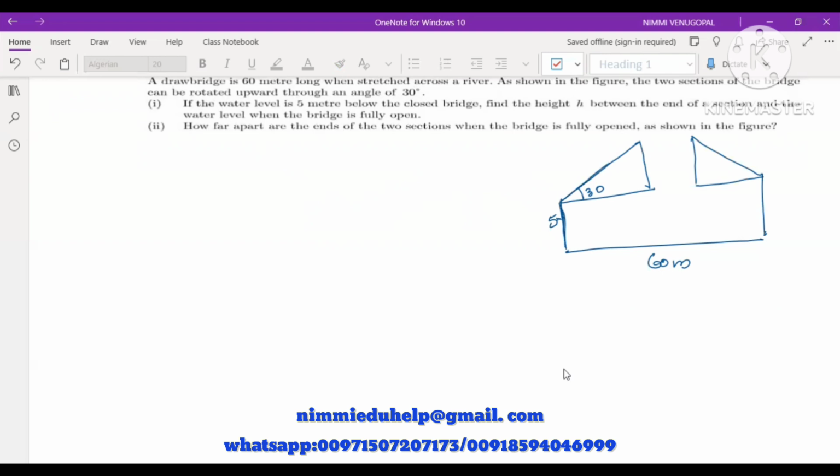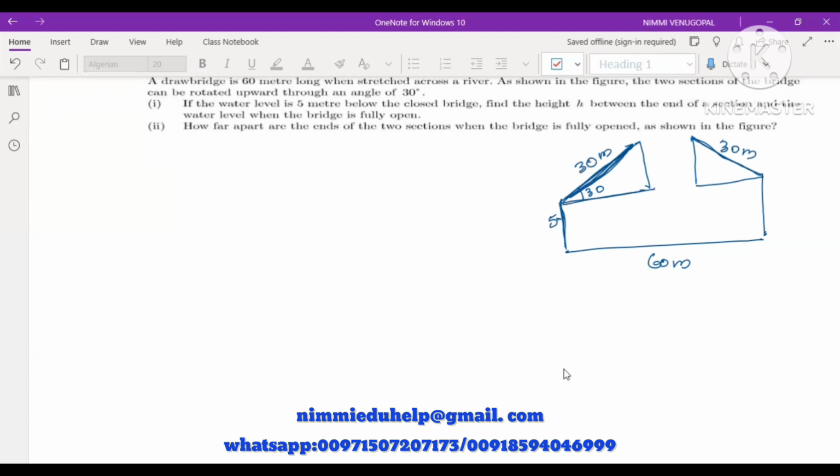If both sections are stretched across the river, it should be 60 meters. That means if it is open like this, this length will be 30 meters.